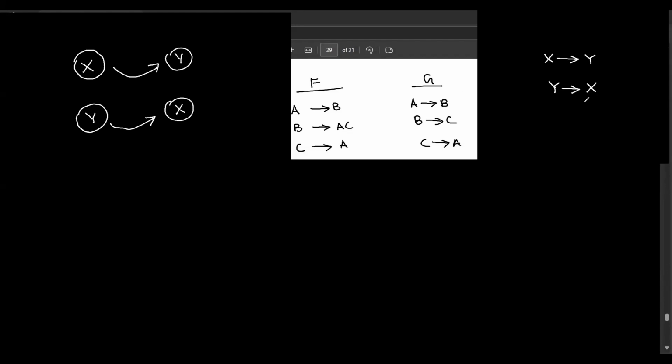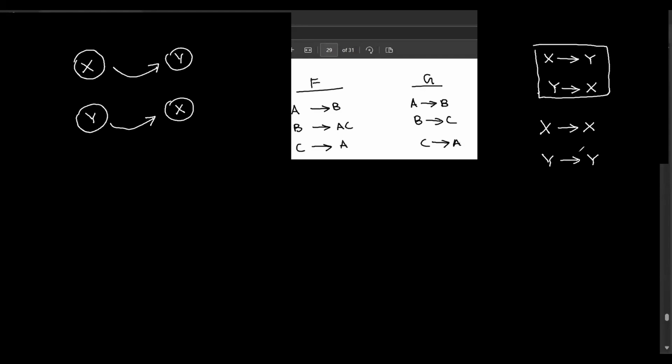This is entirely possible. If you apply transitivity, it will not affect the functional dependencies given here. X will functionally determine X, and Y will functionally determine Y. So it doesn't matter. But we can have something like this.